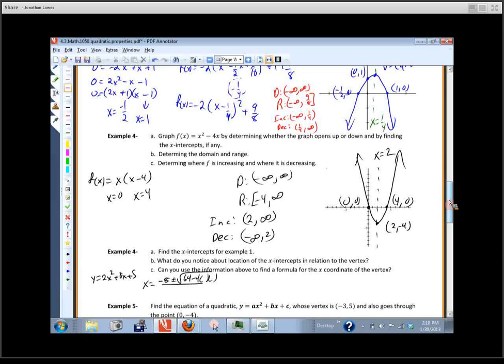If you look at that graph, and we'll get together.